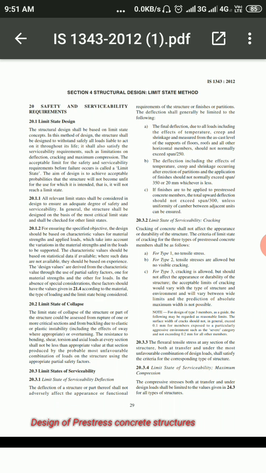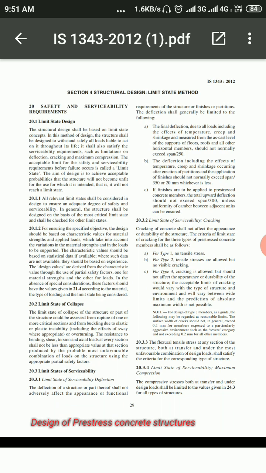state method. Before starting the actual clauses, I'll give a brief introduction about the design of prestressed concrete. What is the advantage of designing prestressed concrete?